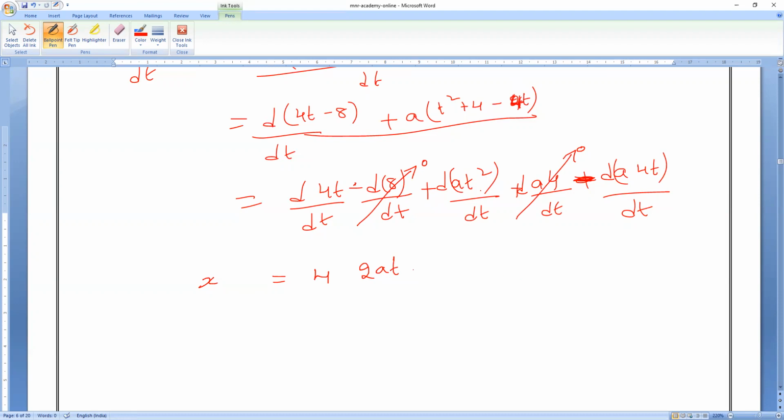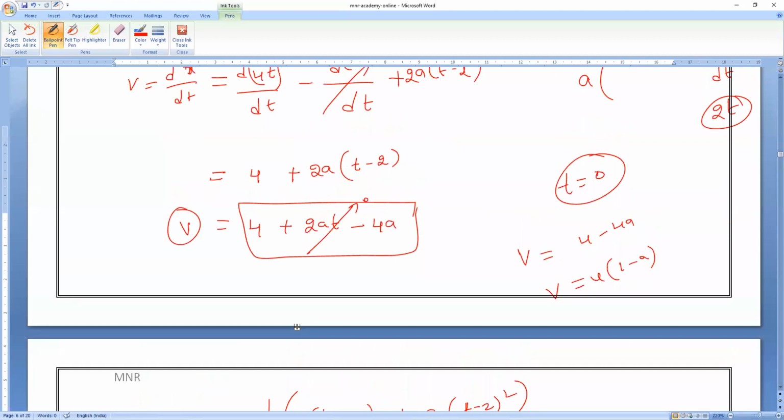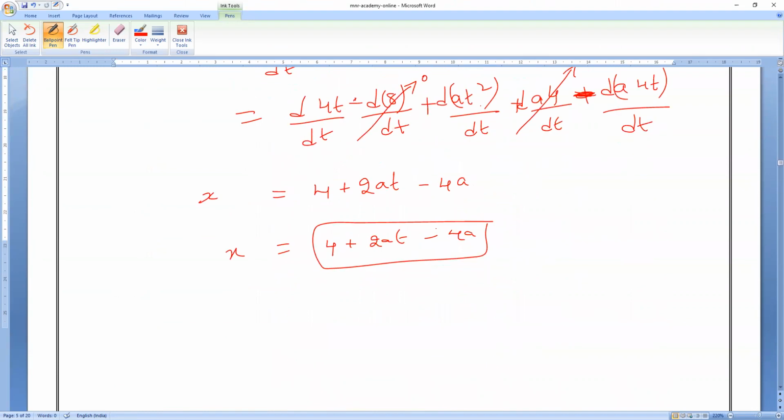Then differentiation of 4t is 4, so minus 4a. This is plus 4. So we get 4 plus 2at minus 4a. We got the same thing or not? Verify it, everyone. Is it correct? Yes, sir.